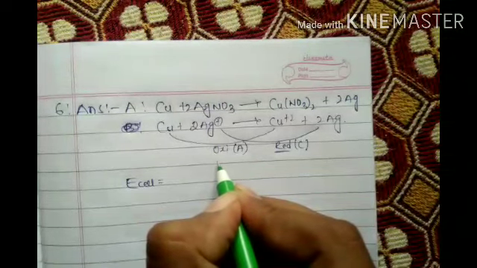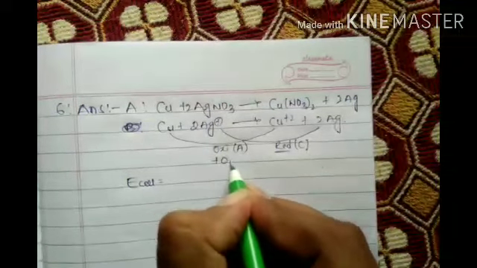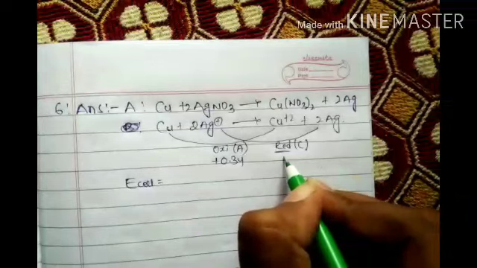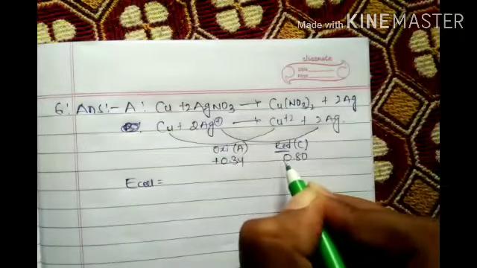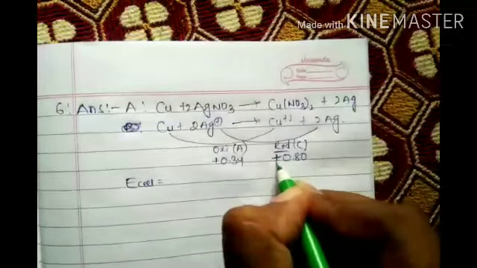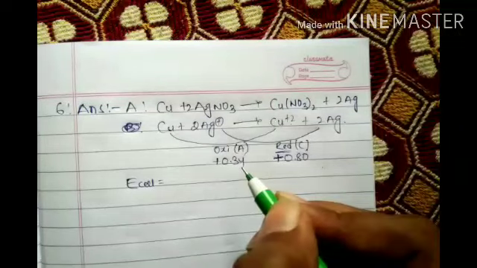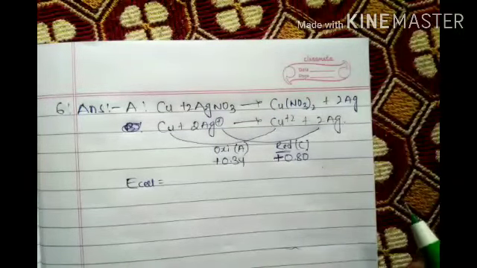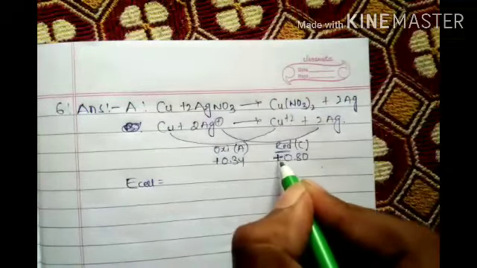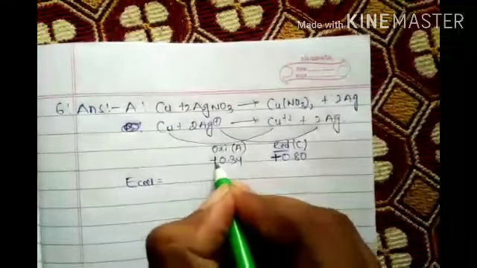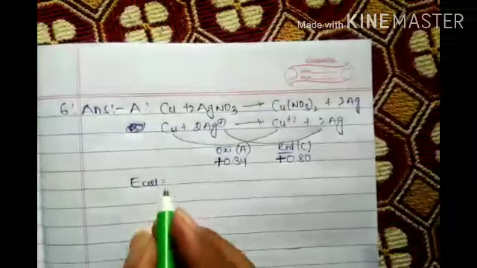For reduction, 0.80 is given. Positive is given, here also positive only is given. When they give both positive, at that time what do you have to do?